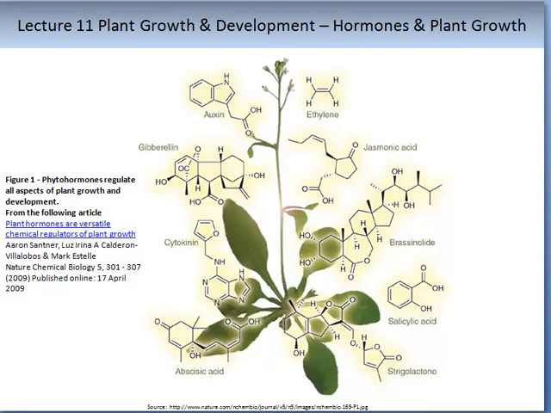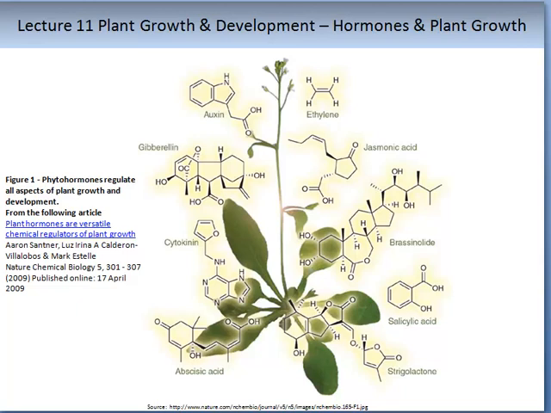In the next series of lectures, we will look at plant hormones and their interactions. I am going to just touch very briefly on growth and development and hormones in this slide. This image is from a paper, Phytochromes Regulate All Aspects of Plant Growth and Development.